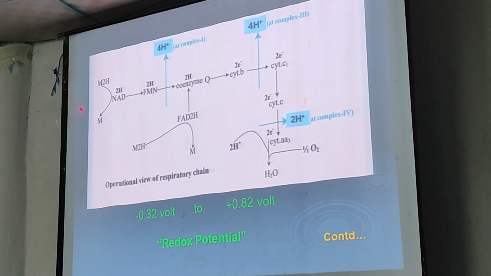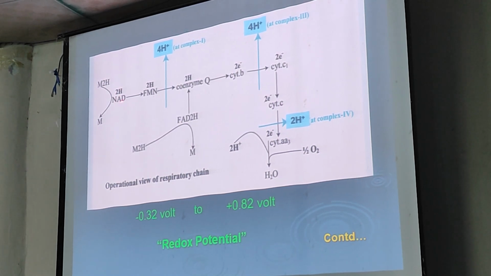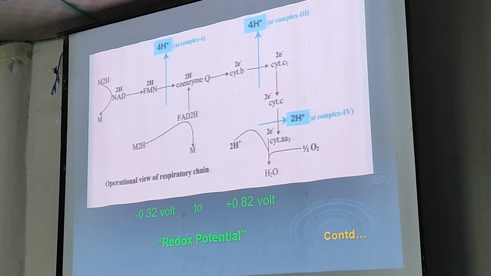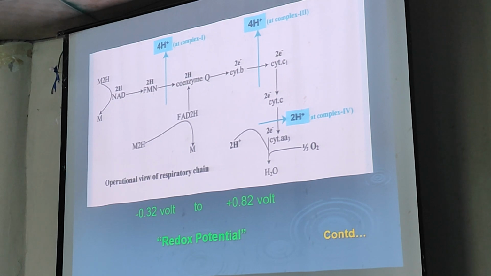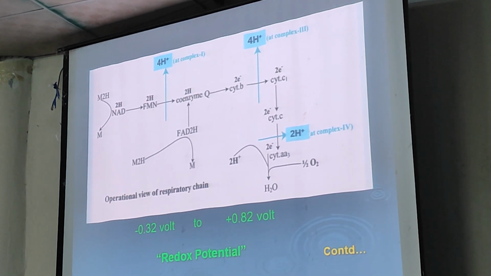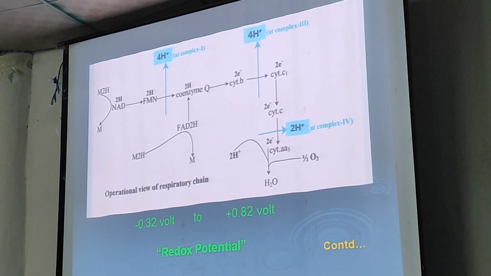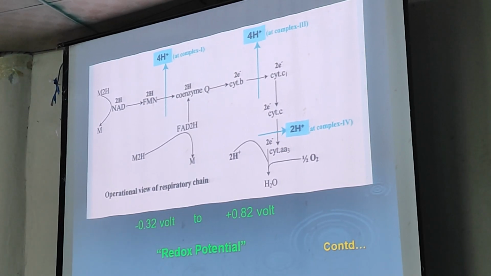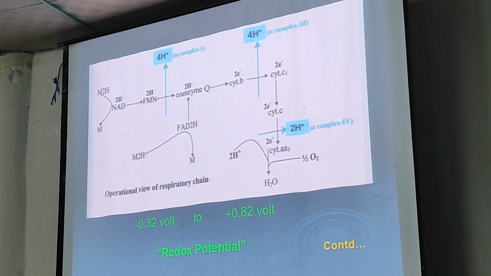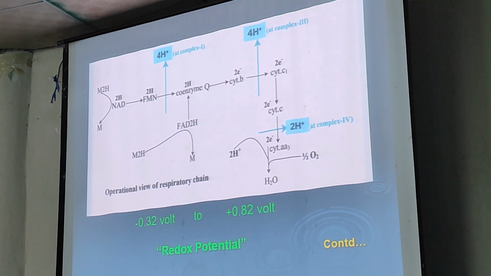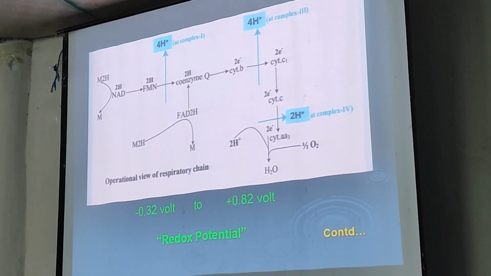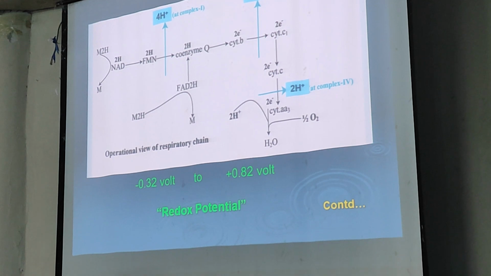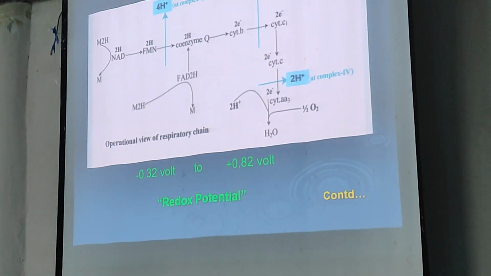And during this whole journey of electron movement and hydrogen movement through the respiratory chain, in different steps there is release of energy, release of free energy due to the oxidative process, because in every step there is oxidation as well as reduction. Because you think, this NAD with hydrogen, are they in oxidized version or reduced version?